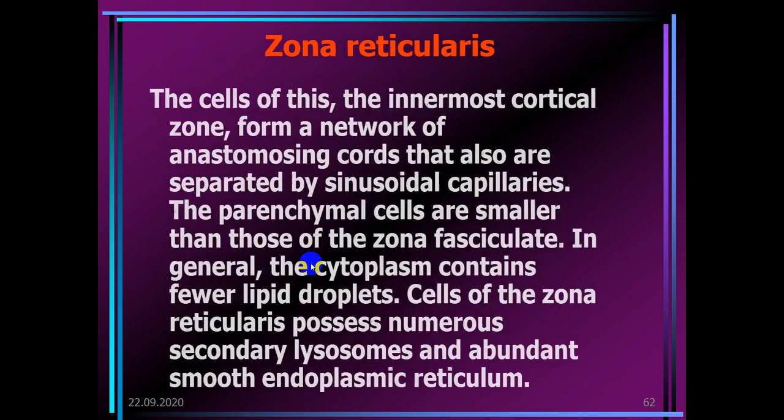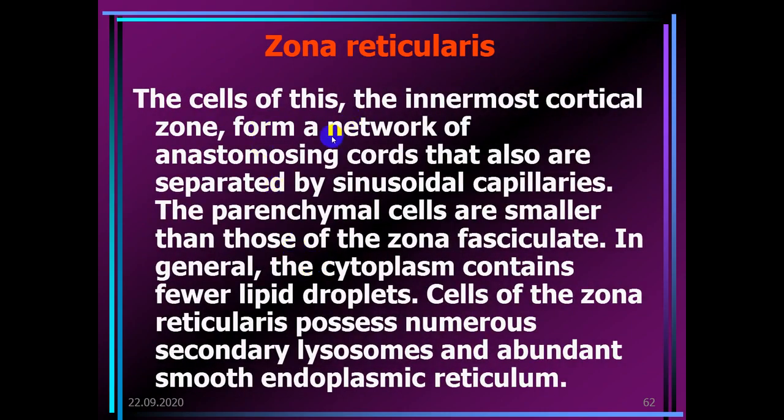You see how fruitful these hormones are for medicine, for therapeutics, and also for surgery and other branches of medicine. Zona reticularis. It is the innermost cortical zone, and this zone forms a network of anastomosing cords that also are separated by sinusoidal capillaries.